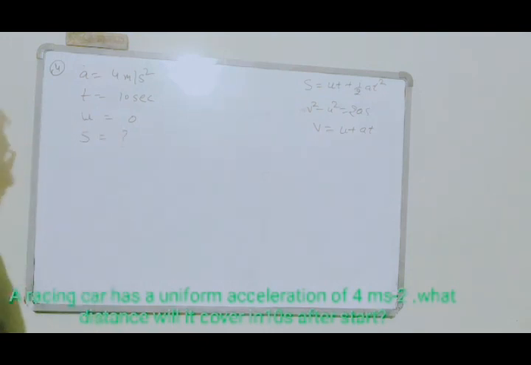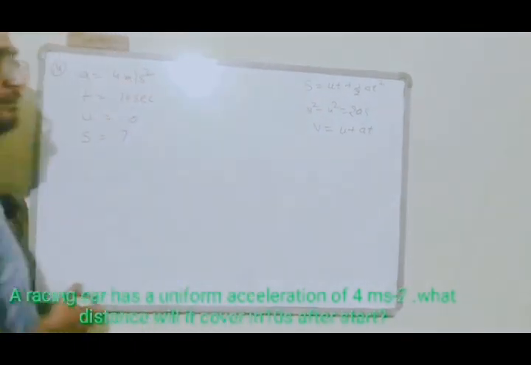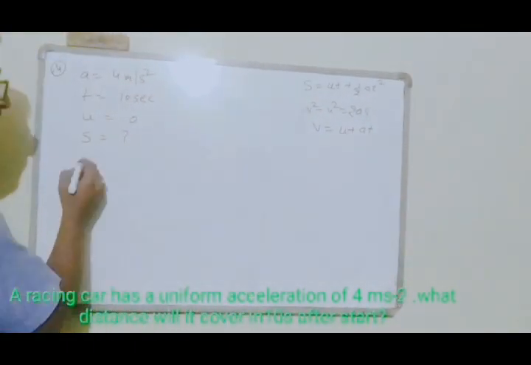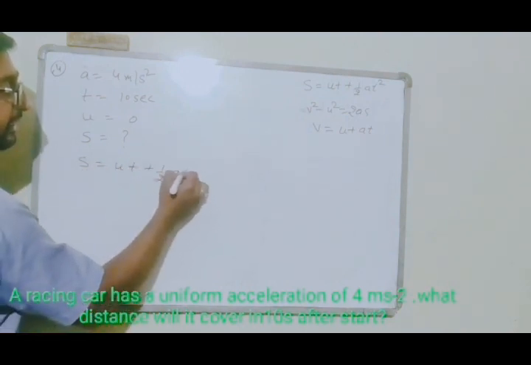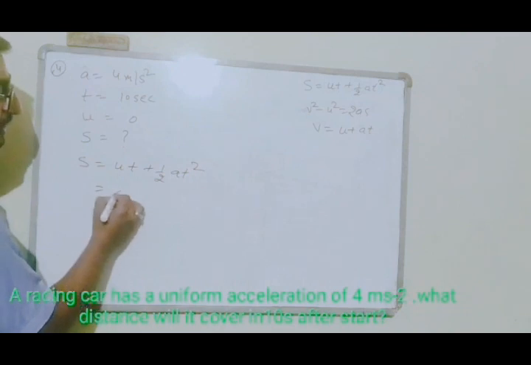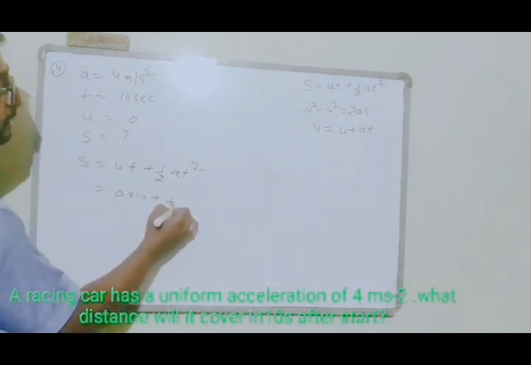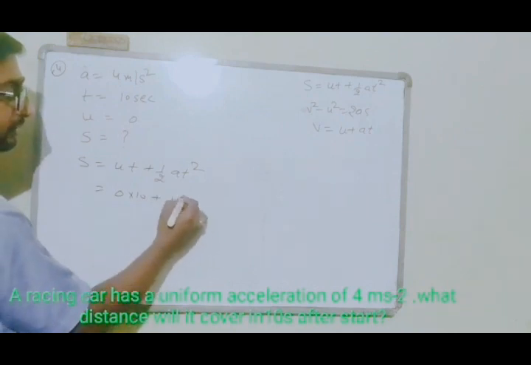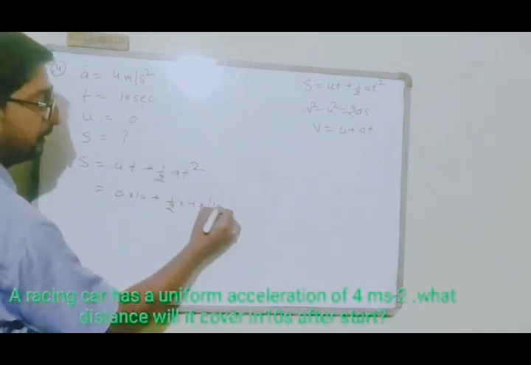What distance? So the position time relation, S is equal to UT plus half AT square. U is 0, time is 10, plus 1 by 2, A is 4, time is 10 whole square.